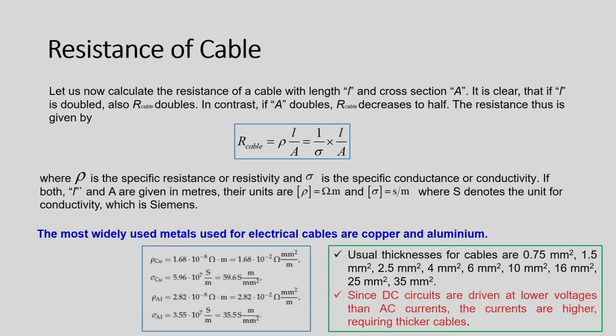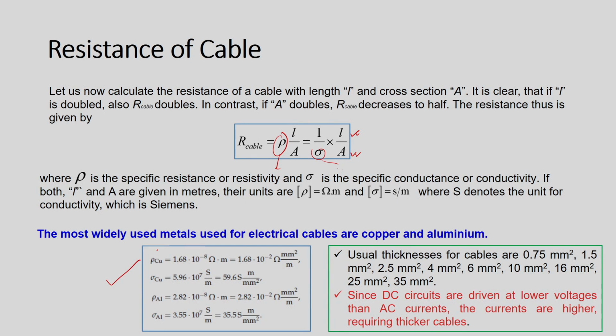Also, we know R cable is a function of rho L by A, where rho is the resistivity, and we can also express it in terms of conductivity. Normally, L will be in meter and A is normally in square millimeter.